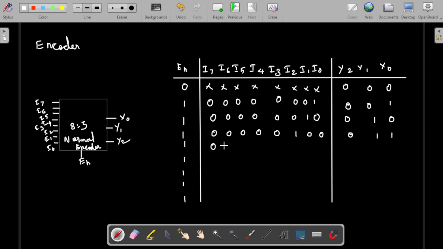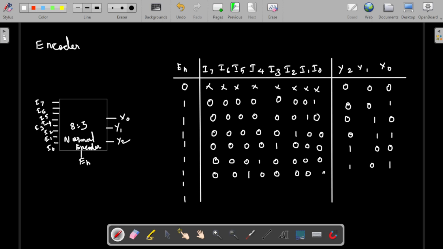So let me complete all the ones. This is 4, this is 5, so this is 1 0 1, so 0 0, so this is 1, right? This can be written as 1 1 0.